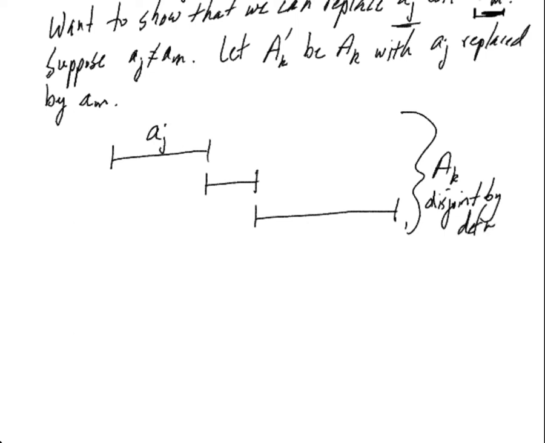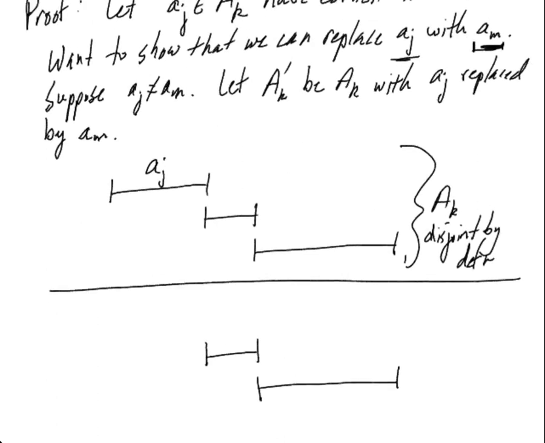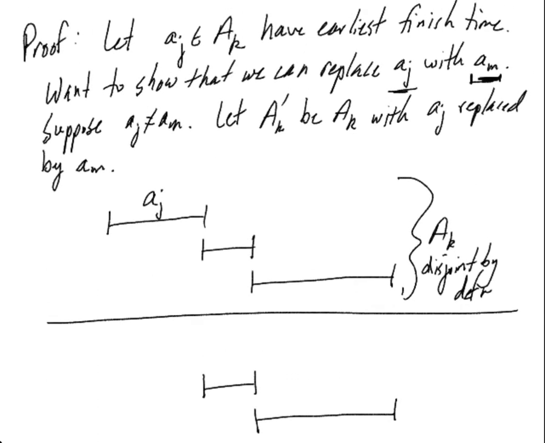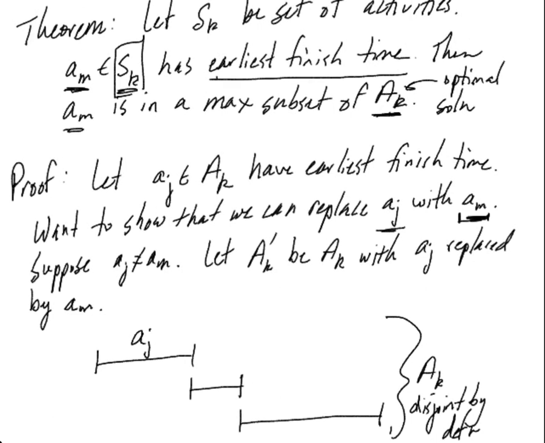All right. Now let's replace A sub j with A sub m. Now, before we do that, let's draw all the other ones. And let's think about this. A sub m is an activity that's in the set of all activities. A sub m has the globally earliest finish time.